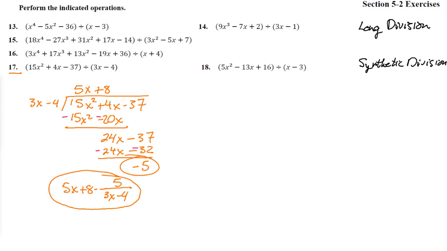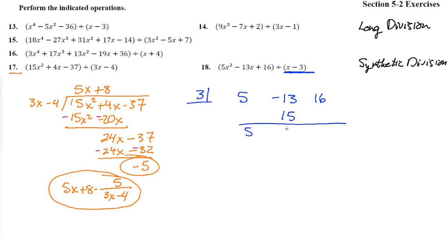Alrighty, number 18. Oh, look, this is a nice one. We get synthetic division. So we use the opposite of this, 3 up in the box, and we have 5, negative 13, and 16, right? X squared, x, and then constant term. Oh, it's just a short one. 5 comes down here. 3 times 5 is 15.